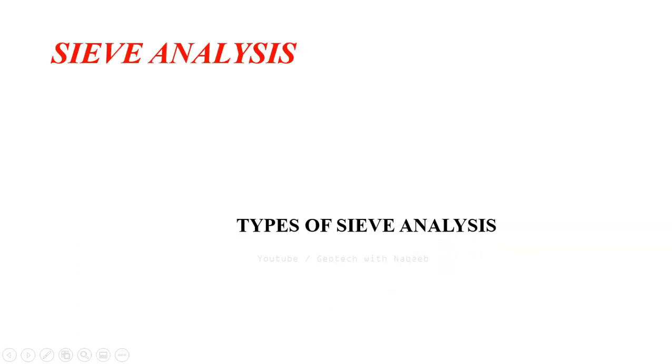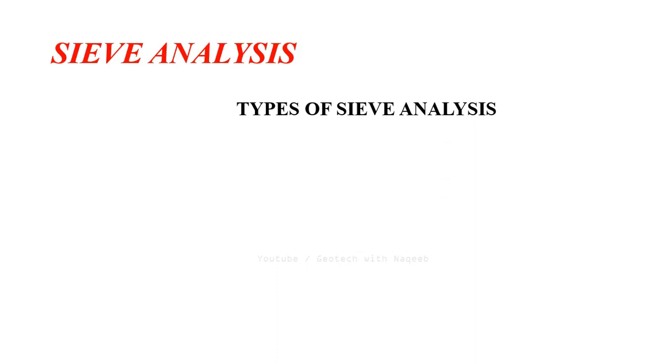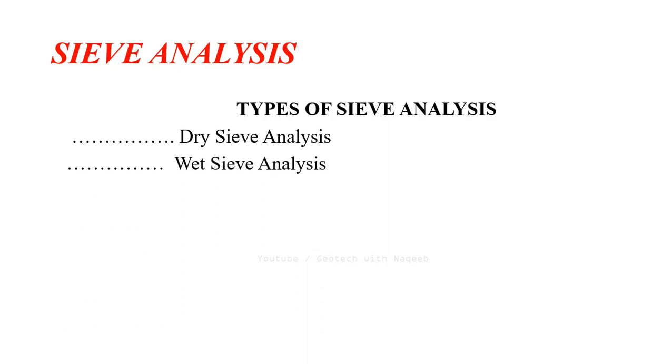Okay, now sieve analysis. What are the types of sieve analysis? There are basically two types: one is dry sieve analysis, and the second one is wet sieve analysis. In dry sieve analysis, we oven dry the soil sample before performing the sieve analysis.